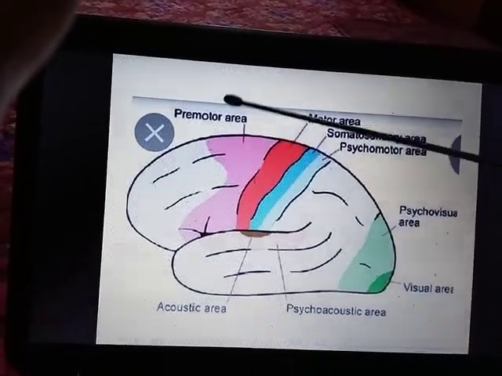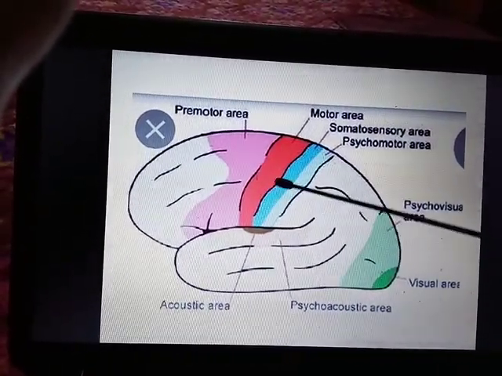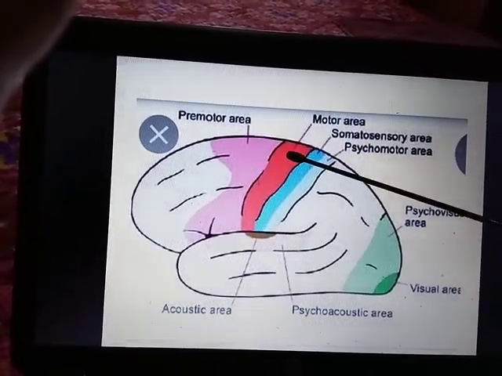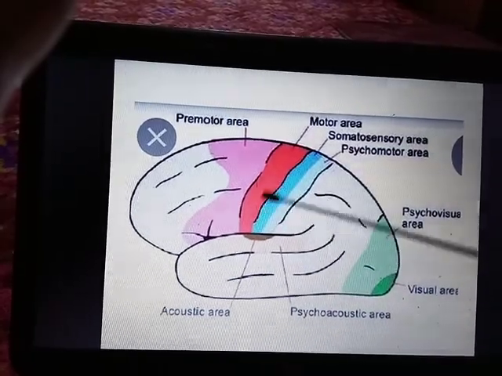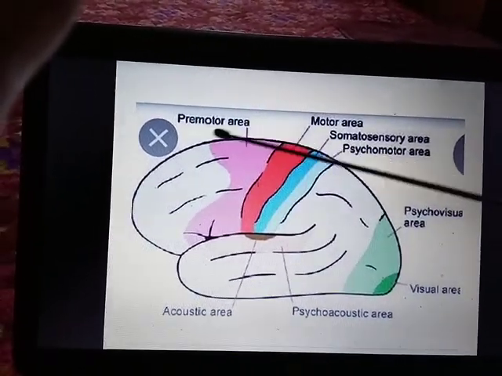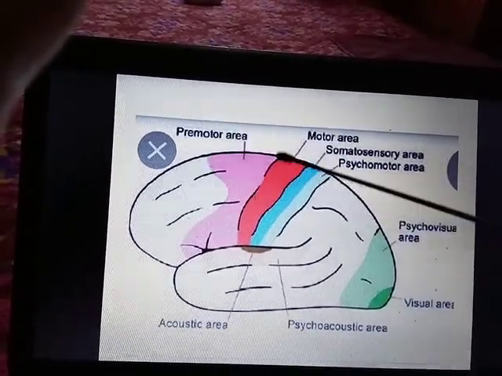It is meant for the movement of the various body parts. This motor area gives projection fibers in the form of corticospinal and corticonuclear, and hence gives its outputs. In front of it comes the premotor area, that is area 6 and area 8. This is area 4.